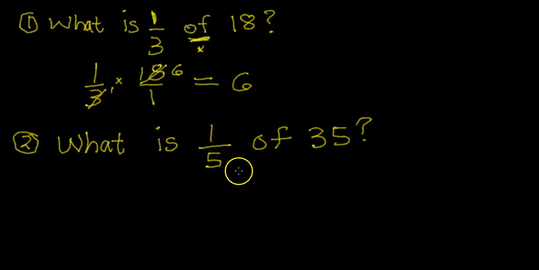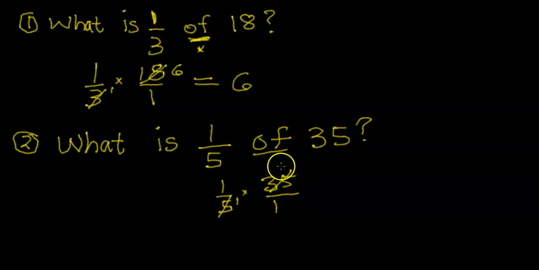That's the 1/5. So to solve this, once again, we change the "of" here to a multiplication. So it's going to be 1/5 times 35. We put the over 1 here as a quotient. And then here we divide by the common factor.